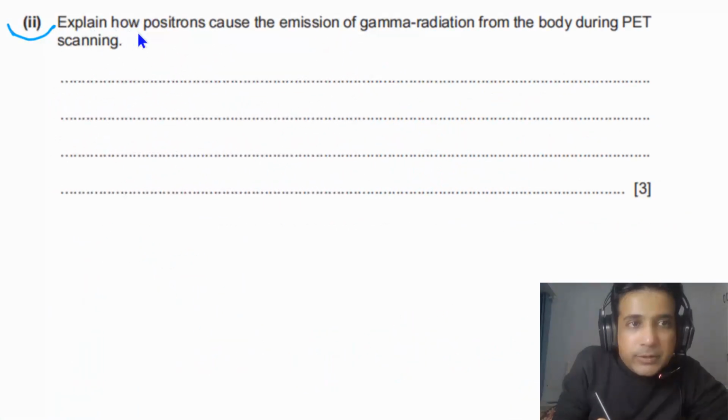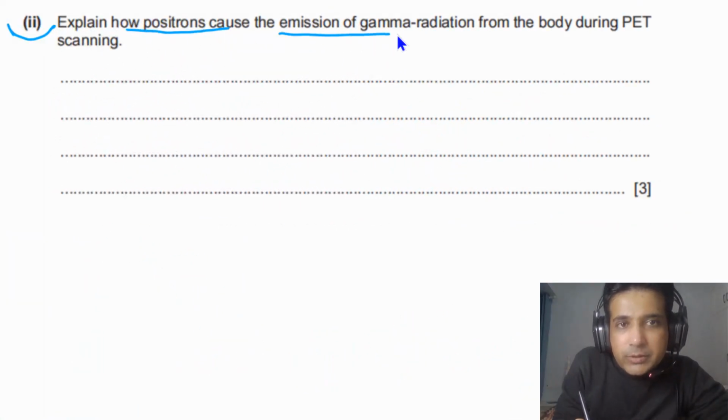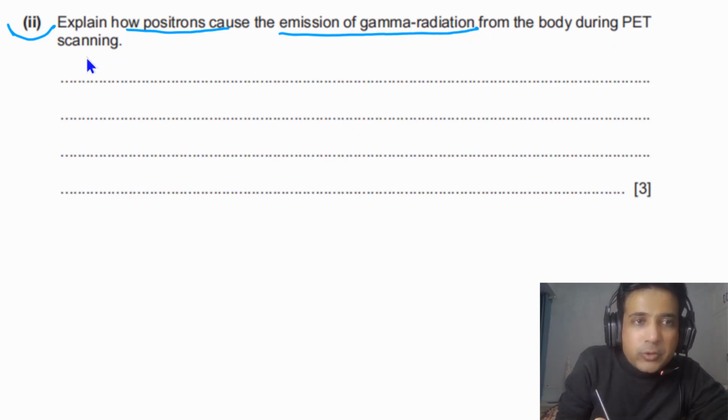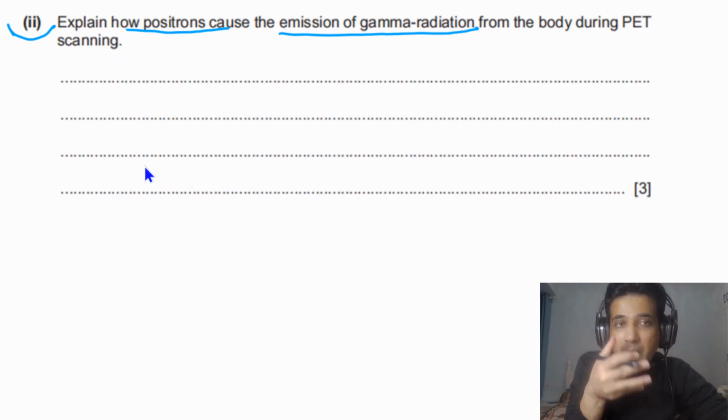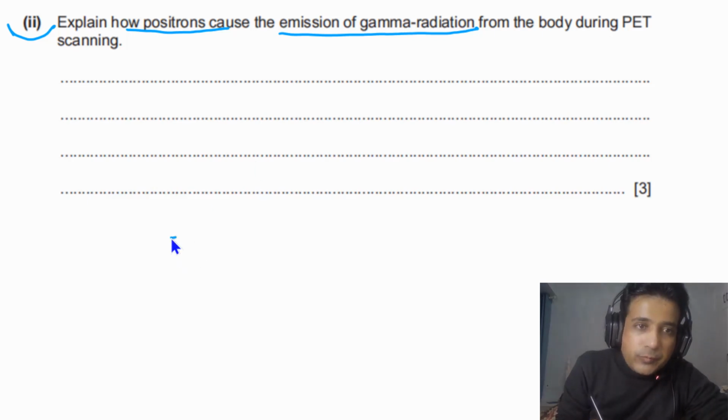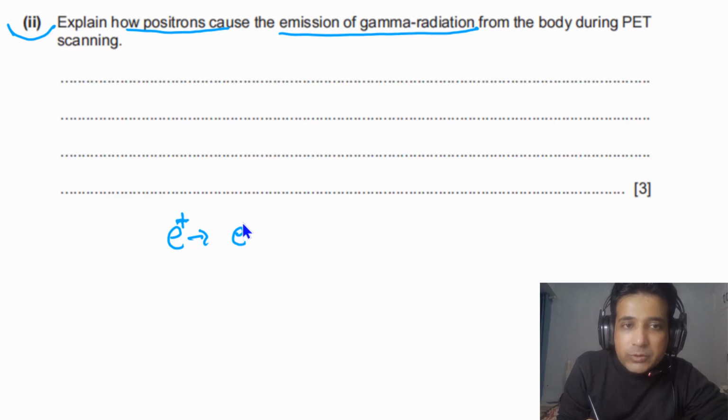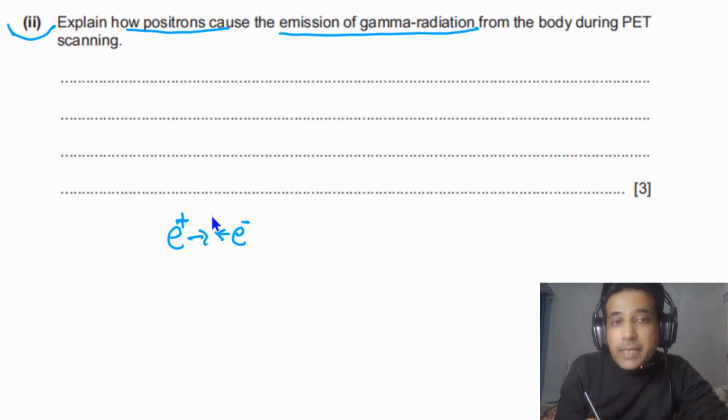For the second part, we need to explain how positrons cause the emission of gamma radiation from the body during PET scanning. So when positrons are emitted from the tracer, these positrons will interact with electrons already present in the body. When an electron and a positron meet, they are particle and antiparticle, so in this case gamma photons will be emitted. 2 gamma photons, or we can say gamma radiations, will be emitted.